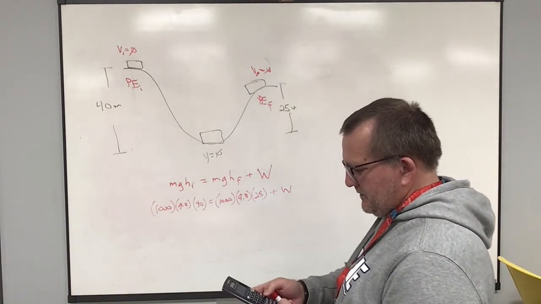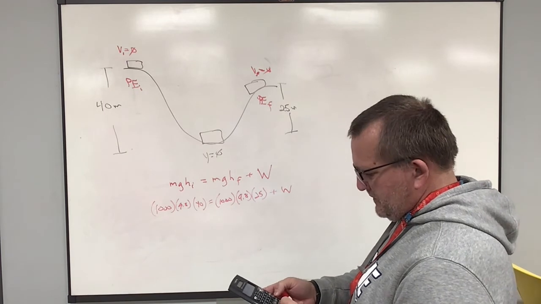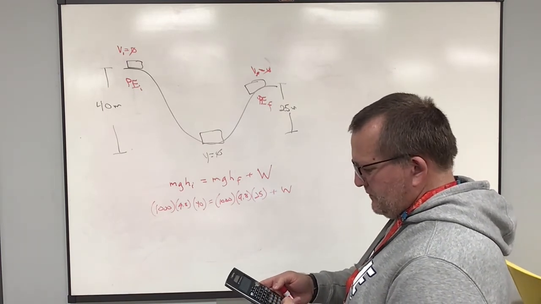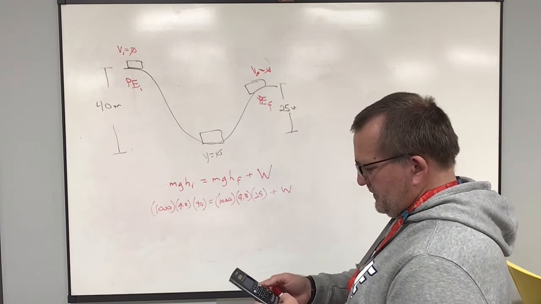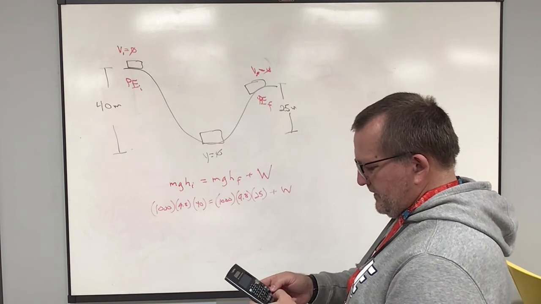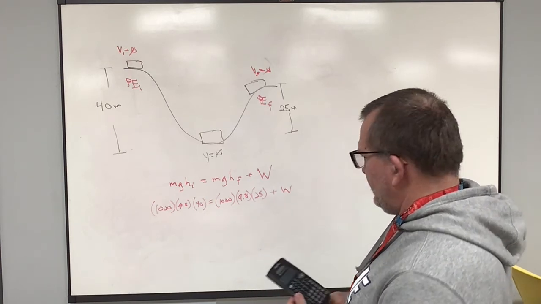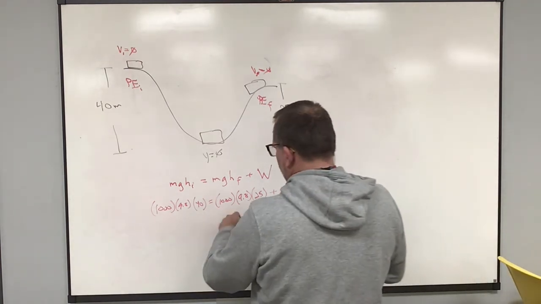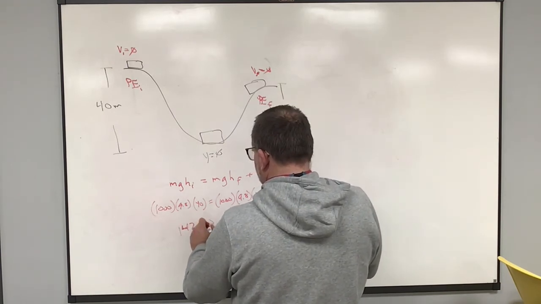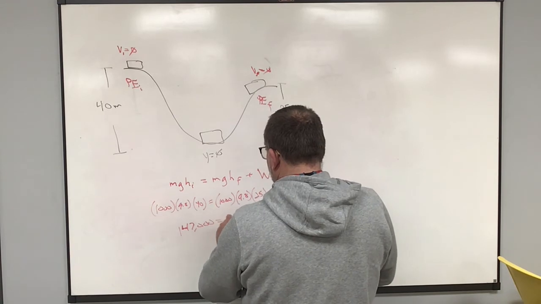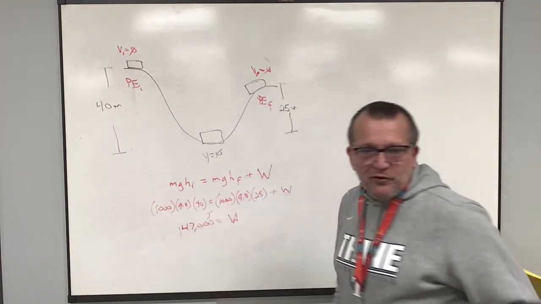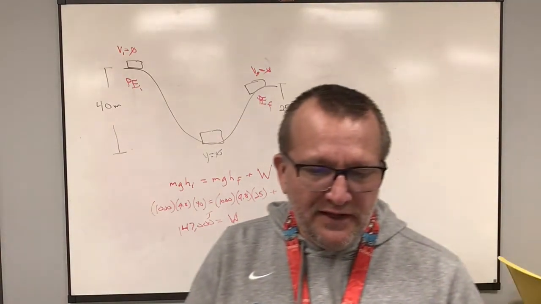So 1,000 times 9.8 times 40 gives me this number, minus 1,000 times 9.8 times 25. I take this minus that and get a difference of 147,000. So that's how many joules of thermal energy we have. So that's the energy produced.